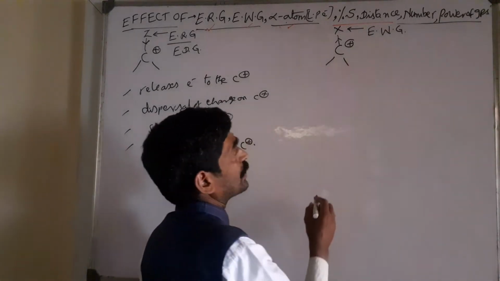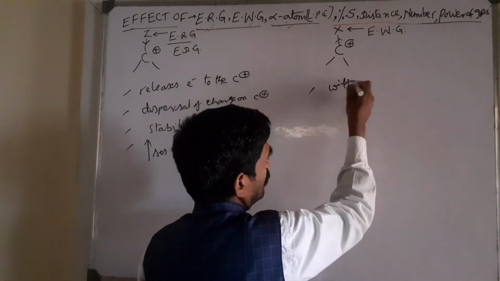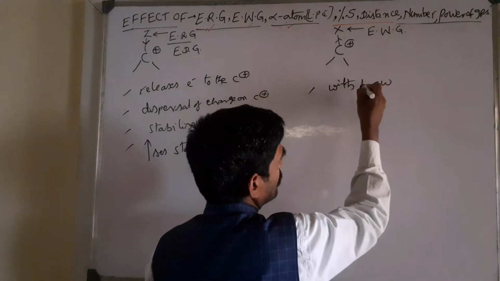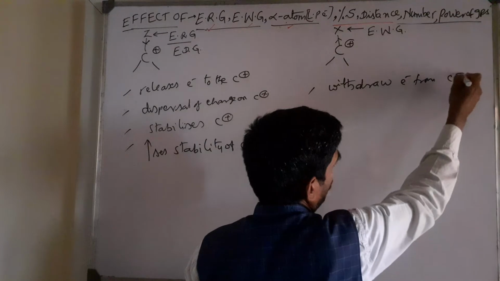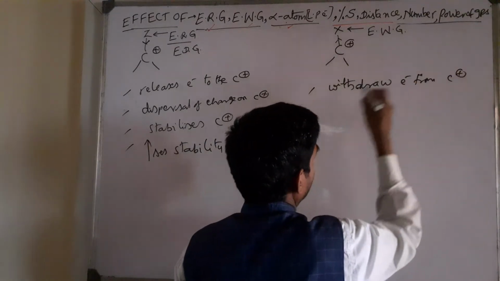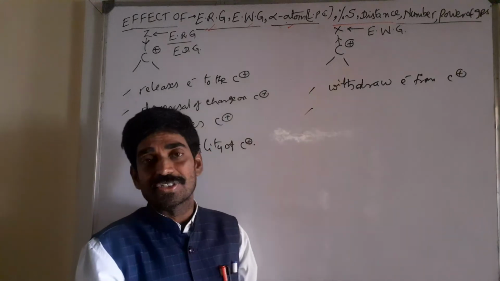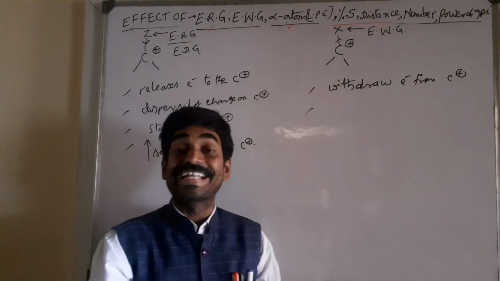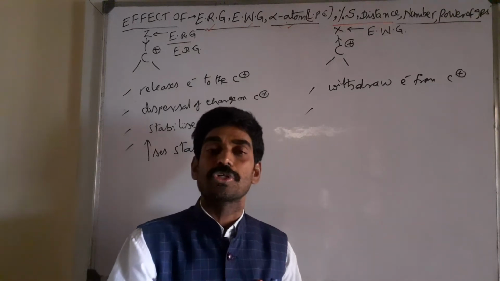This electron withdrawing group withdraws electrons from the carbocation so that the positive charge intensifies. Positive charge intensifies means the positive charge increases.